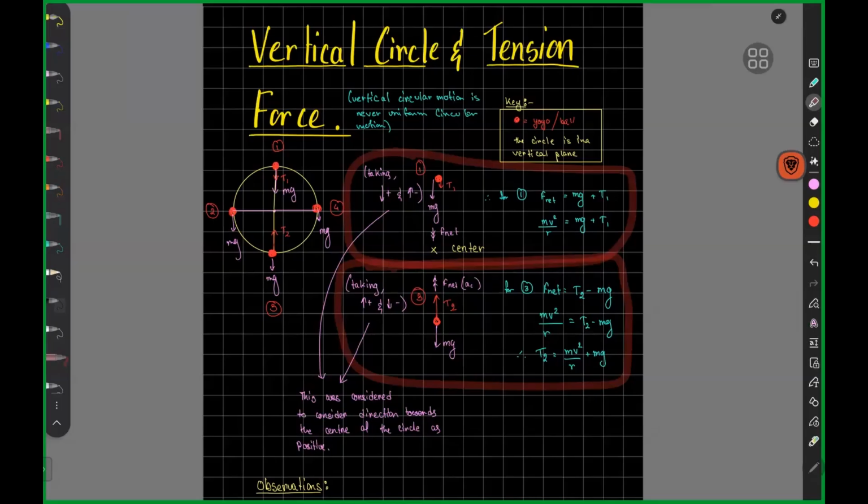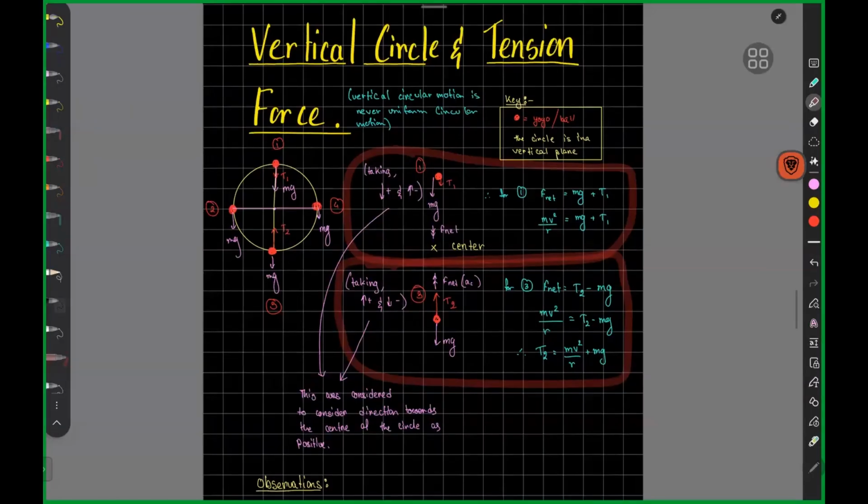These two positions are very important and very special to give us insight into how vertical circular motion really happens, how the forces change, and what we can say about how the tension varies through the circular motion.